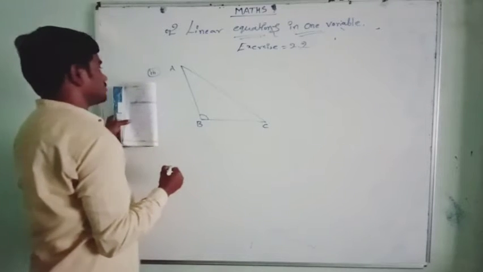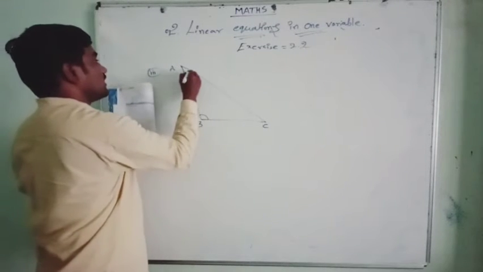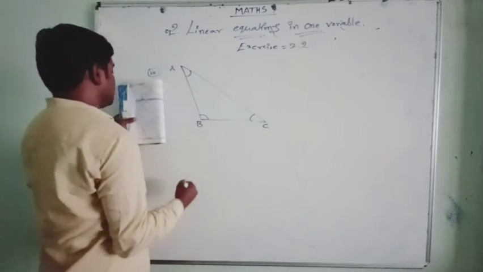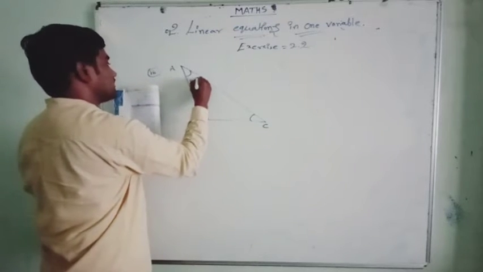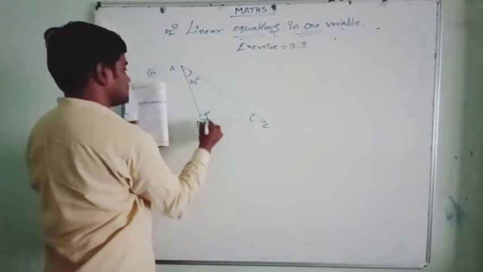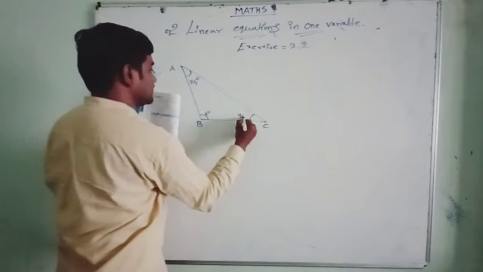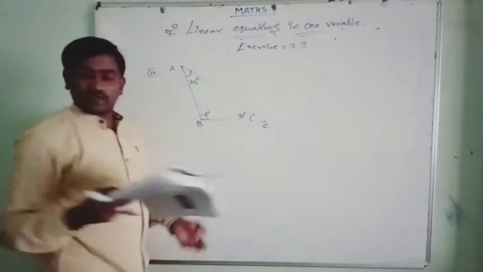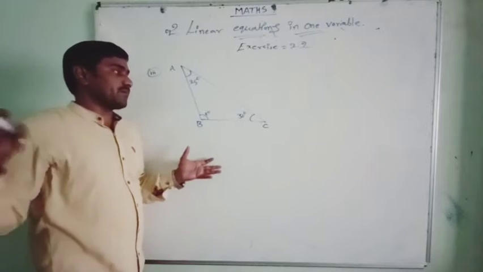Here in the third question, they have given a triangle ABC. In that, angle A is 25 degrees, angle B is x degrees and angle C is 30 degrees. So let us find the x value here by using the same property again.